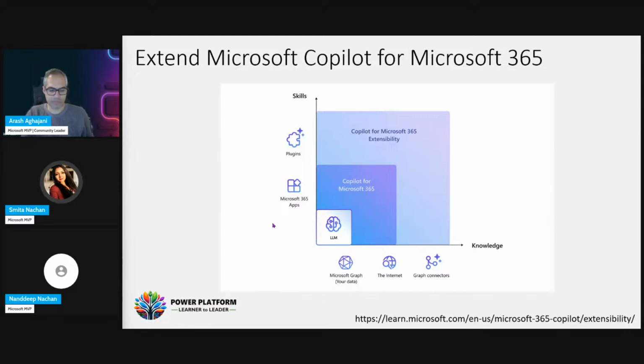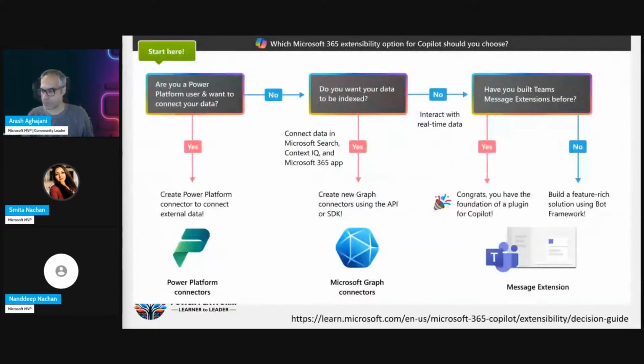At the same time, it preserves trust, as Copilot operates within your organization's security and compliance boundaries and adheres to the Microsoft responsible AI standard. Now, let's go ahead and see this one.